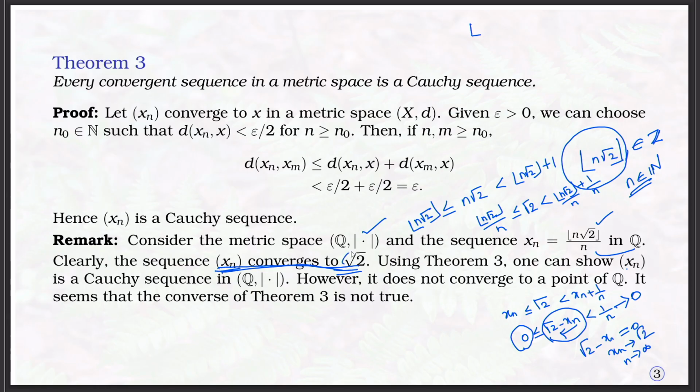However, its limit root 2 is an irrational number, so the limit of the sequence does not belong to the rational numbers. So there exists a Cauchy sequence in Q which is not converging in the space, because the limit of this sequence is root 2. Therefore, it is not convergent in the metric space Q with the Euclidean metric.